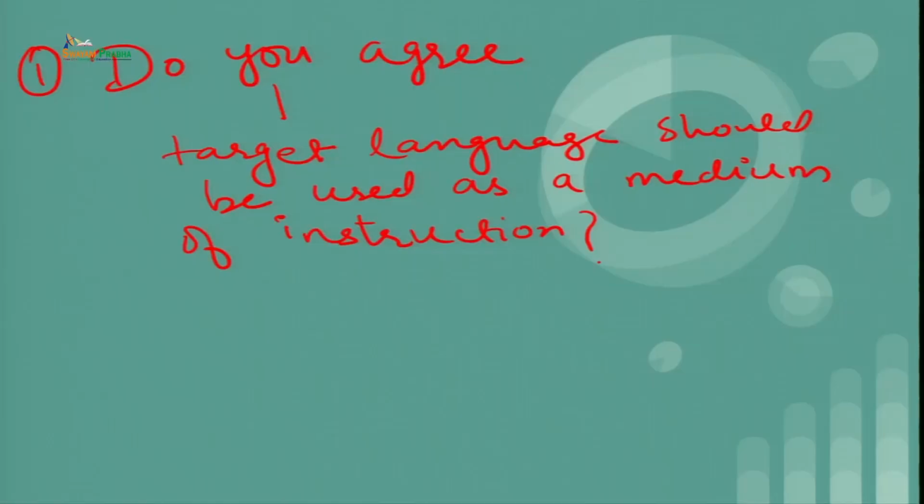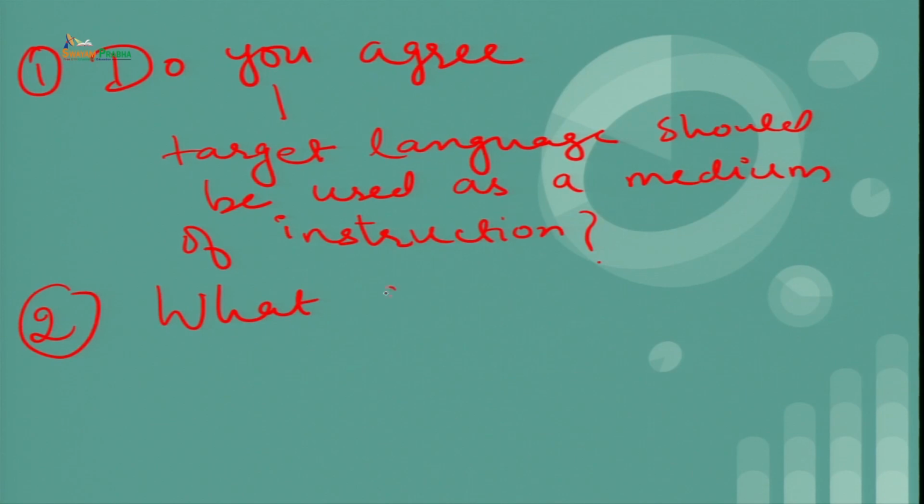The second thing is, what do you think should be the role of the teacher in the classroom? Do you think that the teacher should play a central role, or do you agree with the point that students should take a front role and students should be the central tenet of any classroom? And what about the chance, the participation of the students in the classroom?